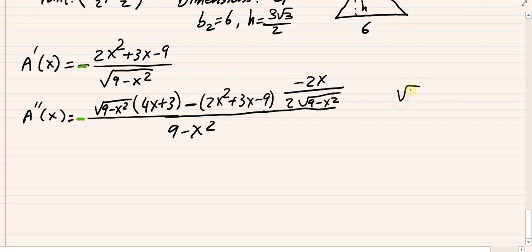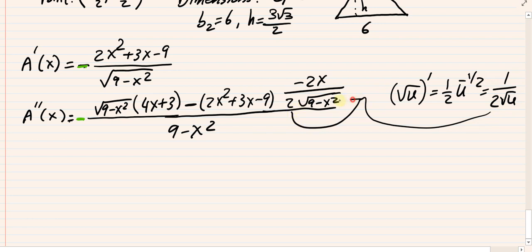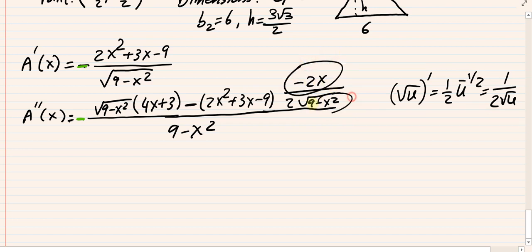Okay, I'm thinking the derivative of root x, or let me actually go u. That's going to be 1/2 u to the negative 1/2, which is 1 over 2 root u. So that's how I got the 2 here and the square root. And the reason it's not 1 in the numerator of this fraction is because of the chain rule of what's inside, right?